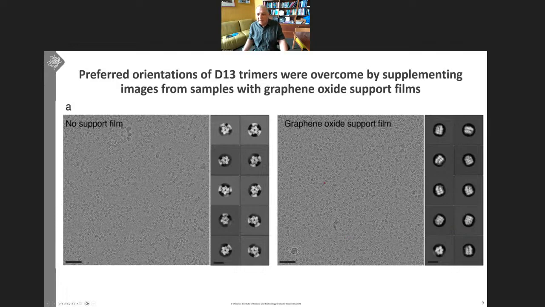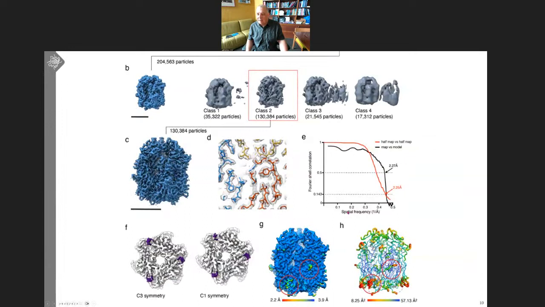But by combining these two data sets together, we would then get a very nice data set that had initially, I think, almost, well, here it says 200,000 particles, and I think this was already sorted out a bit, so probably 500,000 particles.